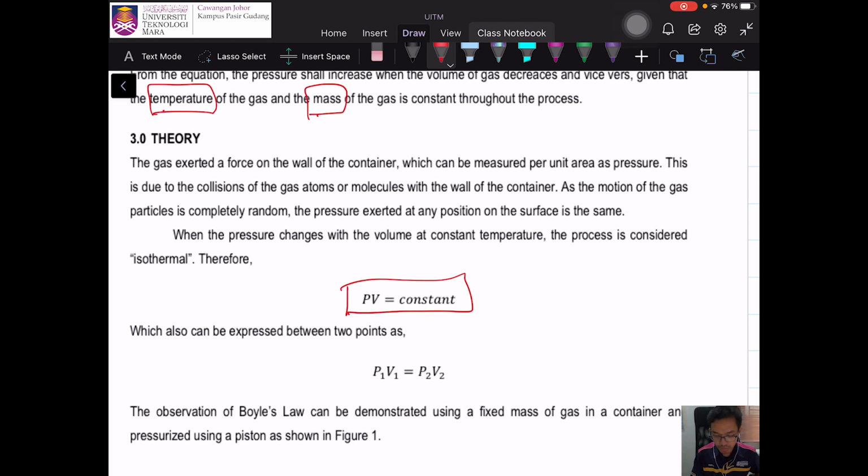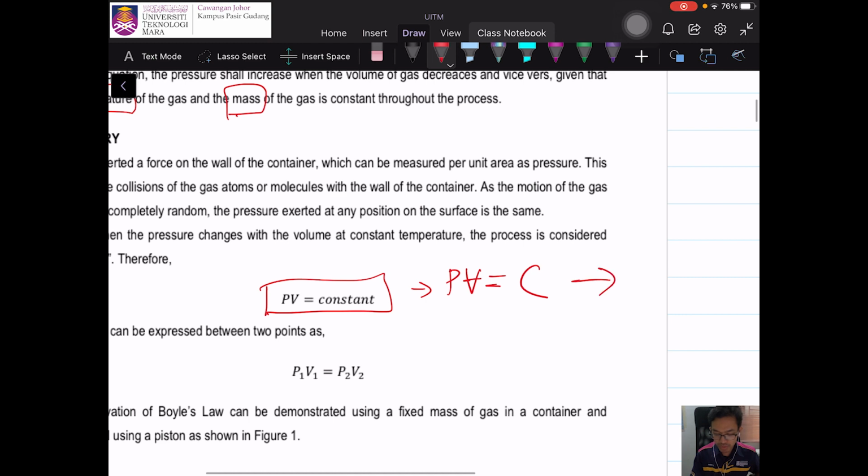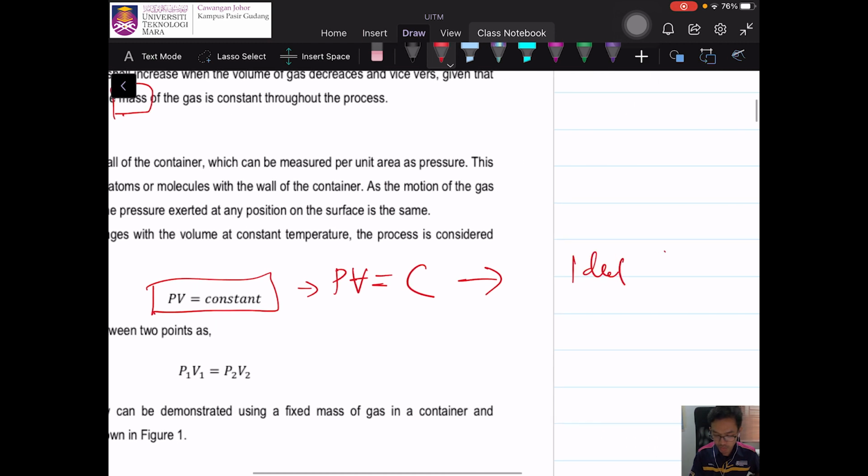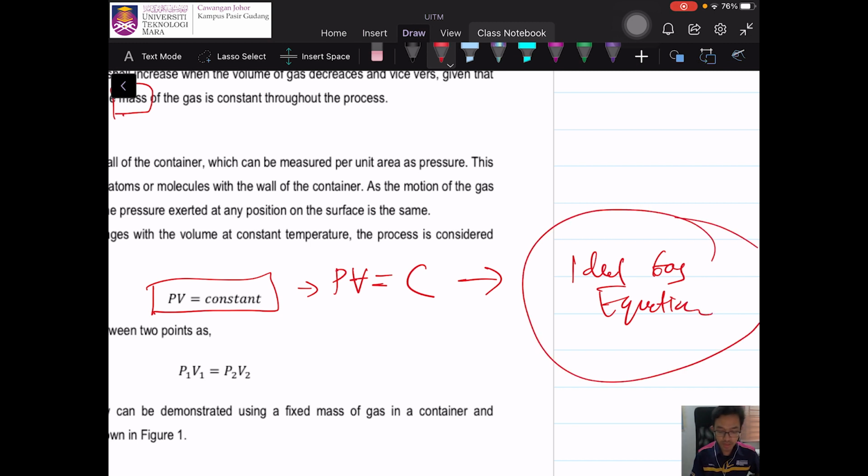This important equation, PV equals C, will lead to the famous ideal gas equation. We will go into the ideal gas equation later, but Boyle's law is a part of it.